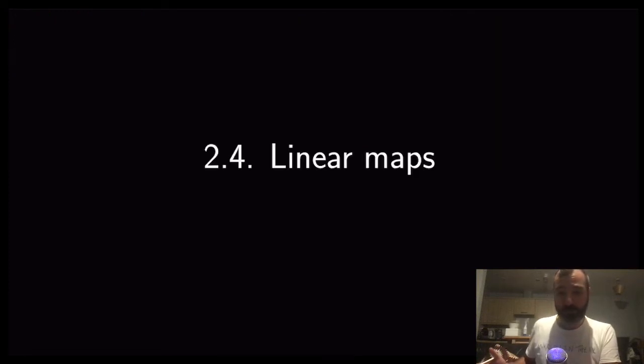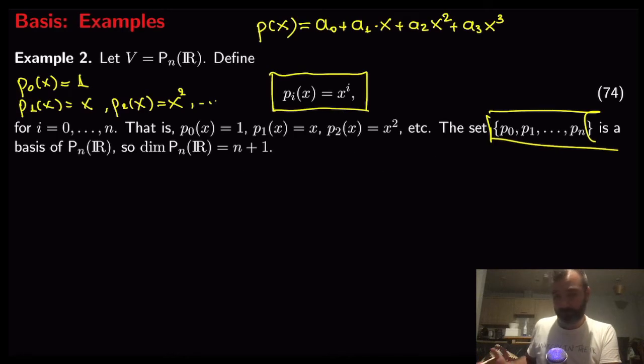So that's all about bases of linear spaces. By the way, it is basis in singular, bases in plural. So that's all you need to know about bases and dimensions. Did I mention that? I think I didn't.